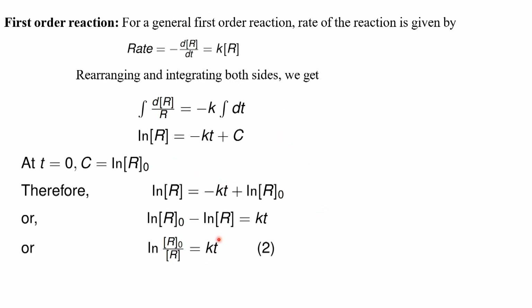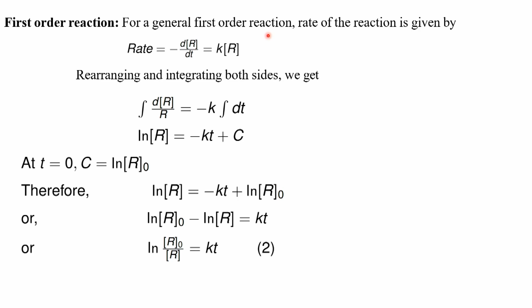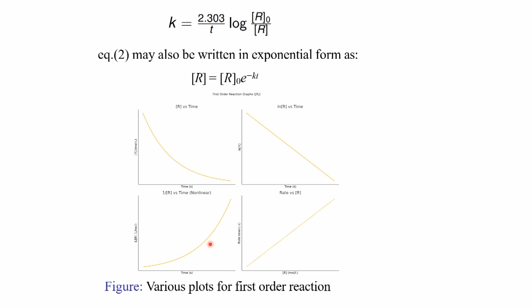So the value of k is 2.303 by t times log, here log is base 10, of R naught by R. From equation 2, we can also write R naught by R is e to the kt.